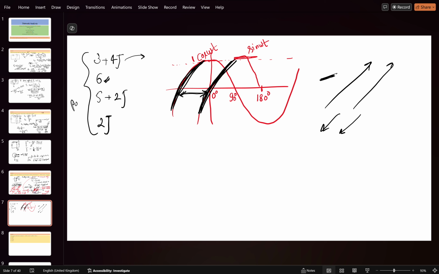It was already being said that cos omega t was lagging behind the sine omega t by 90 degree. Okay, means that when you are starting cos omega t, sine omega t was already there. When you take the cos omega t as a reference, it means that sine omega t was already leading with the angle of 90 degree.